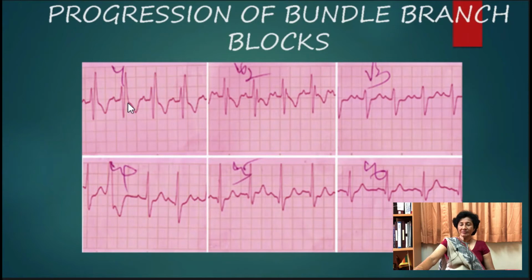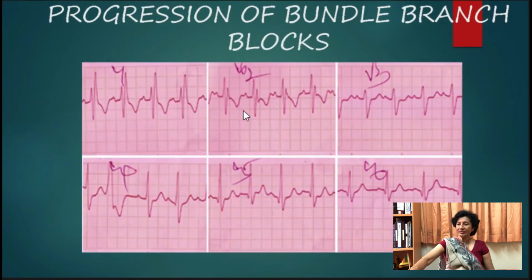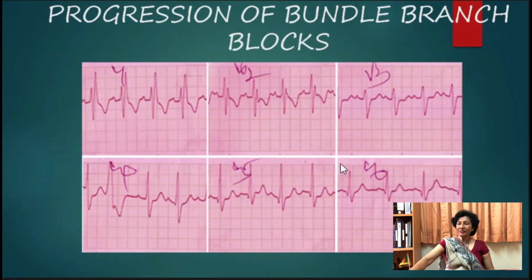To confirm the diagnosis of right bundle branch block, you have to analyze lead 1 and lead V6 further. In lead 1, you can see a slurred S wave. In lead V6, you can see a slurred S wave together with an RS ratio in lead V6 of more than 1.